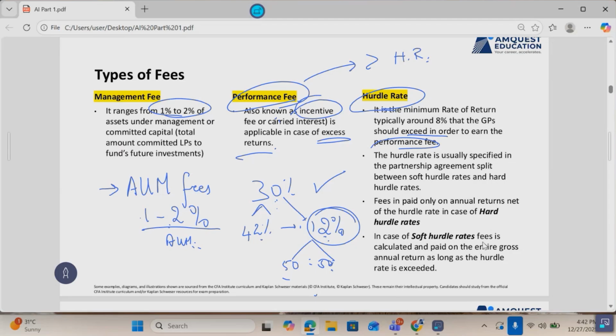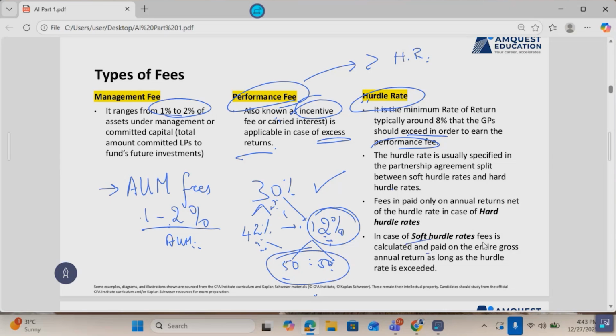If the hurdle rate is a certain amount, then in this case 30 is the hurdle rate, you gave 42, so anything above 30, that's 12%, can be divided among all the people. Clear? Obviously you have soft hurdle and hard hurdle.